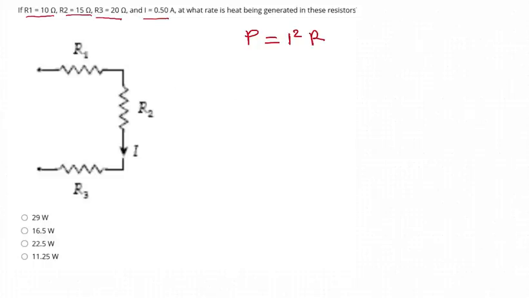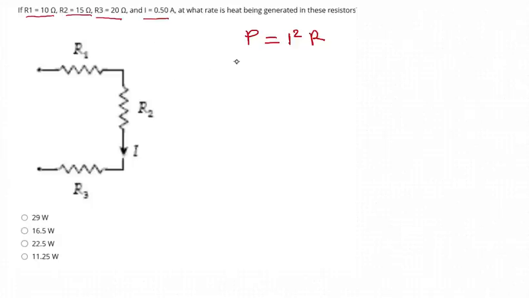We can calculate the individual powers and sum them up, or we can find the equivalent resistance and calculate the power directly, and we'll do the 2 together.